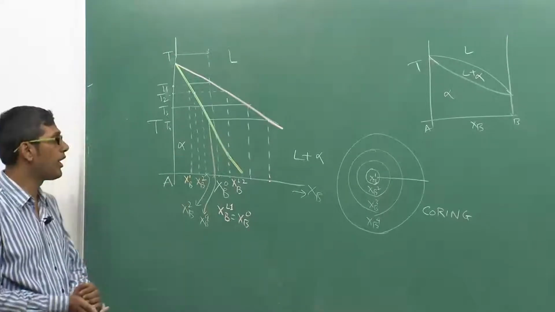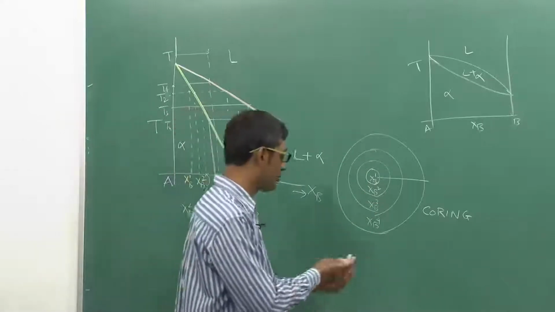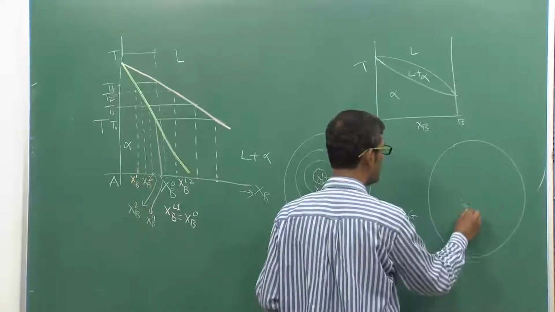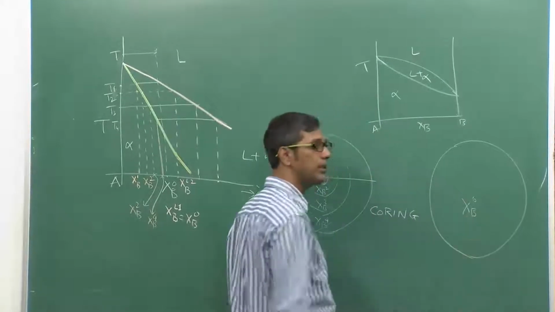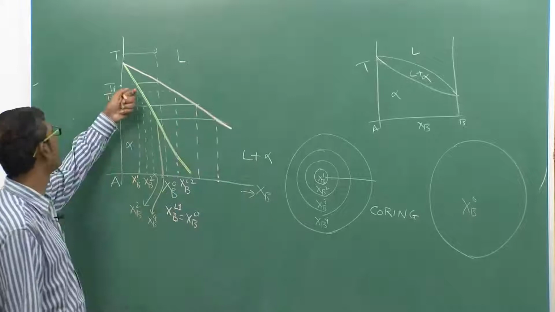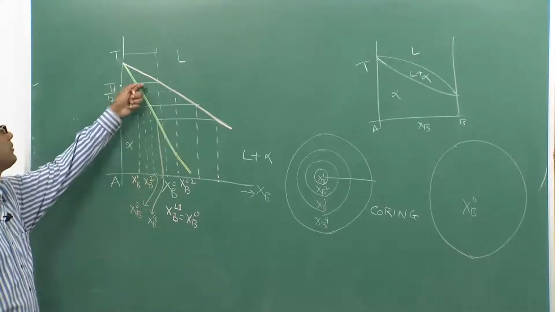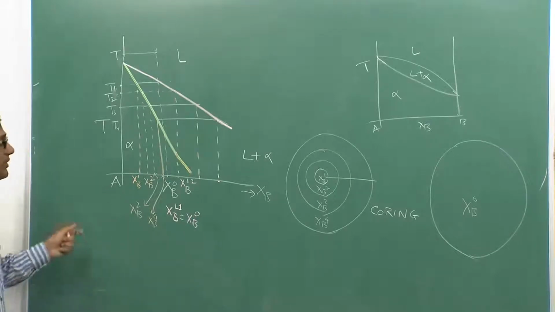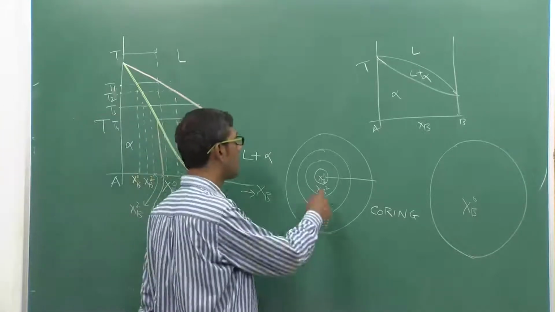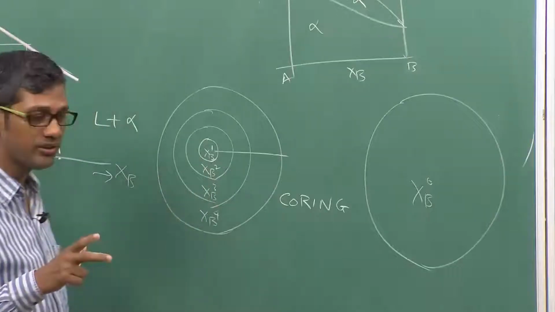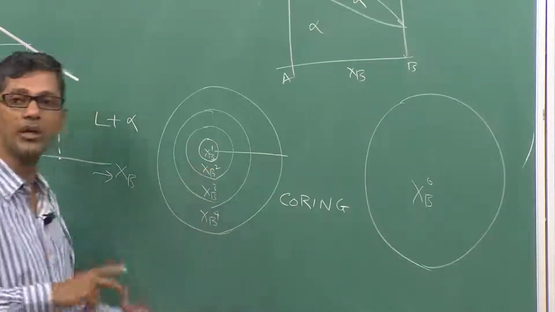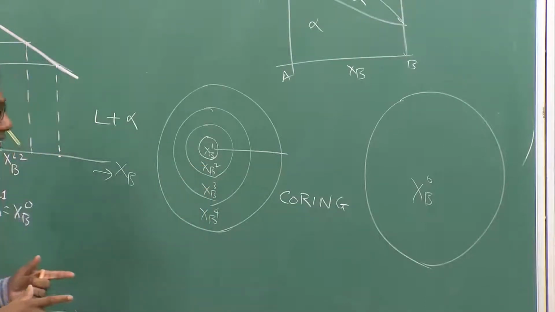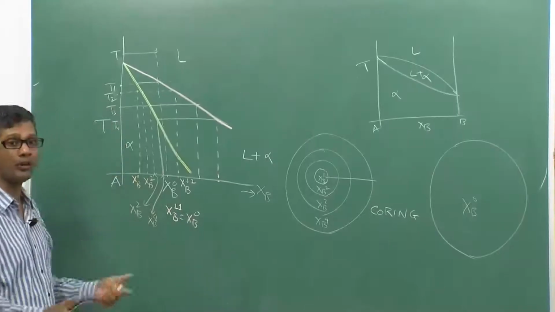So, if you want to stop this and have a uniform composition of the solid Xb0, you need to keep the system at T1, T2, T3, T4 for a sufficiently long time. If I keep it, then what will happen? These two layers will get homogenized, the compositions of Xp1 and Xp2 will become homogenized. Similarly, the compositions of Xp1, Xp2, Xp3 will be homogenized at T3 if I keep it a long time, and so on.